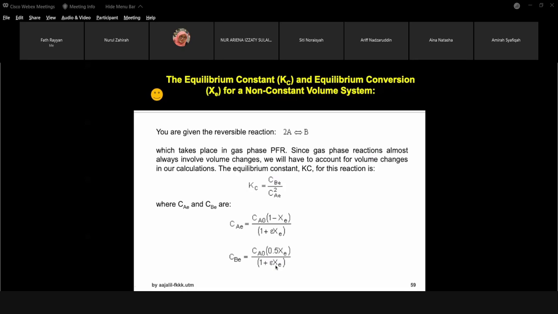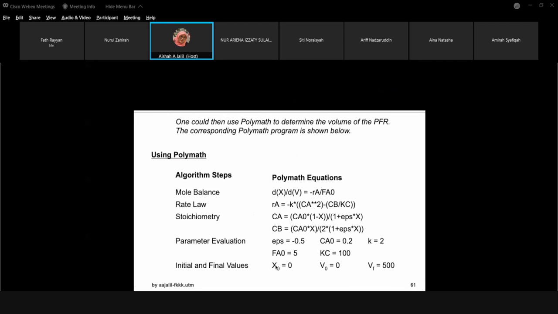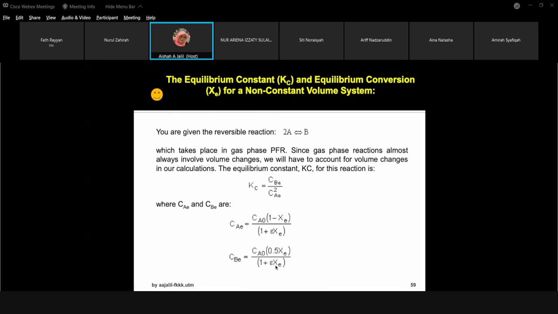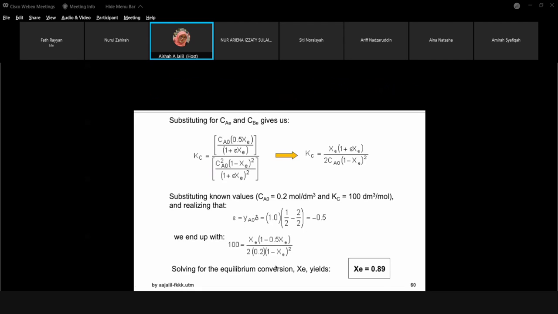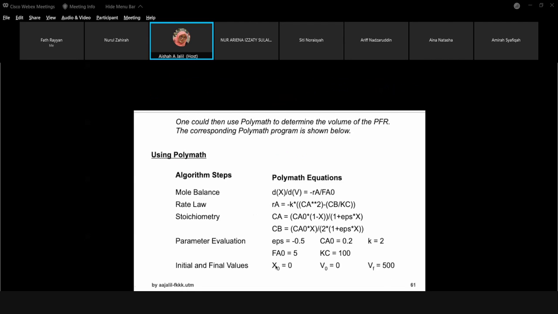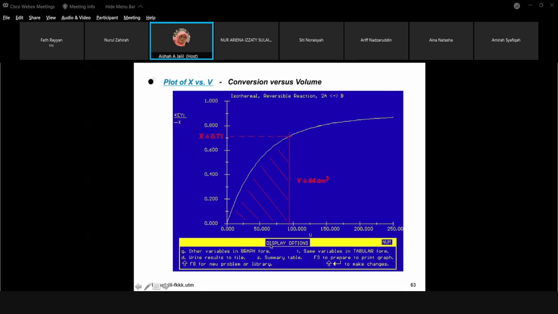This is a non-constant volume reactor. Also, you can read. If it is a non-constant volume system, you have to use Polymath. Polymath will become like this. I think you can get it back from your seniors. This is for Polymath. What does Polymath do for you?